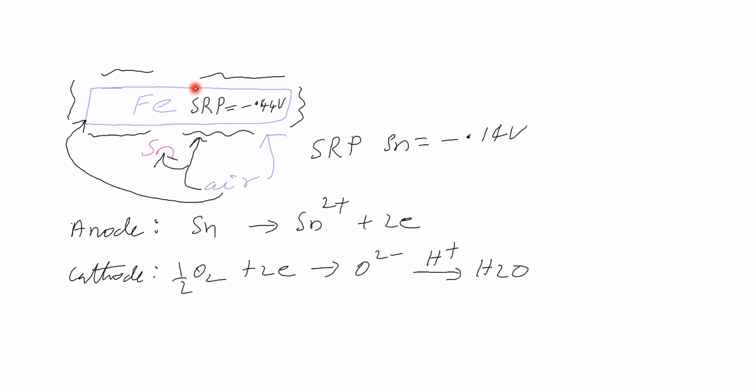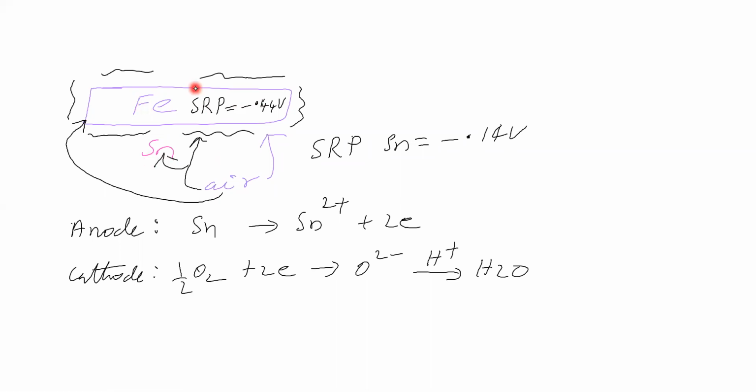Which will undergo preferential anodic oxidation, iron or tin? Iron undergoes preferential oxidation, therefore it will act as anode but not tin.